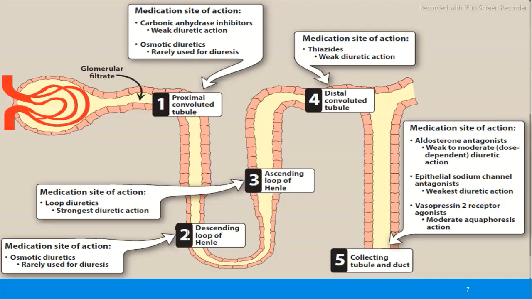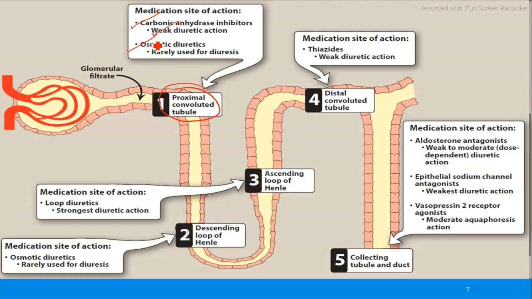This particular diagram shows the mechanism or site of action of the various drugs we have just mentioned. Let's start with the first site, the PCT. The first medication acting here is the carbonic anhydrase inhibitor, which produces a very weak diuretic action.